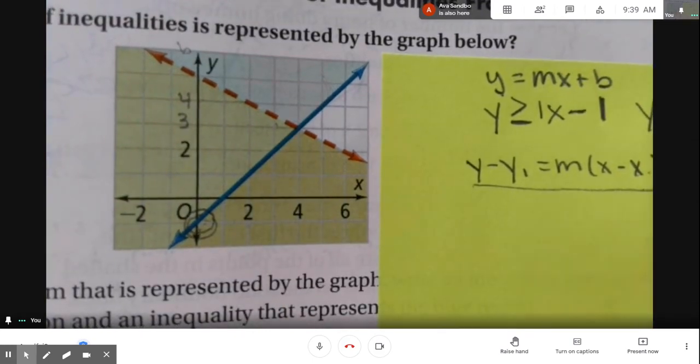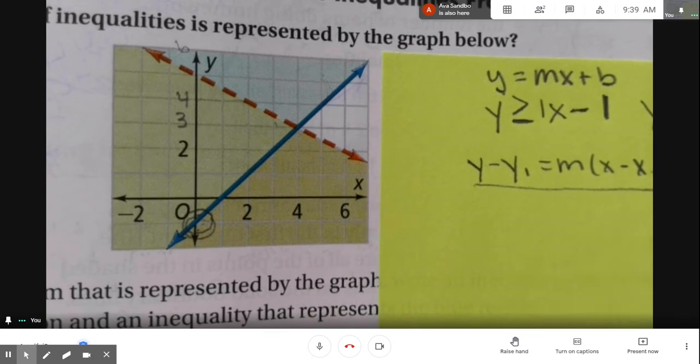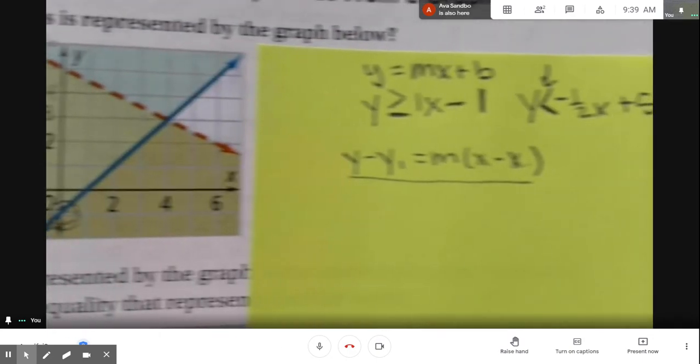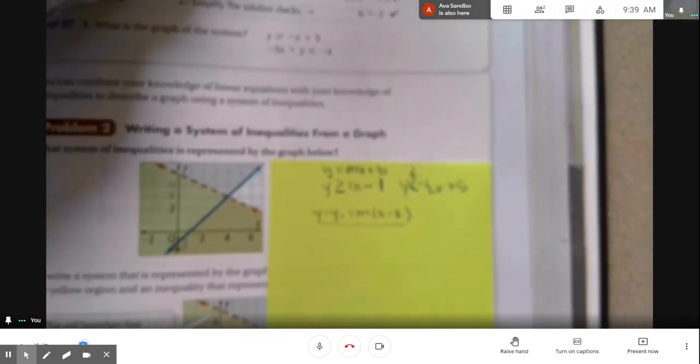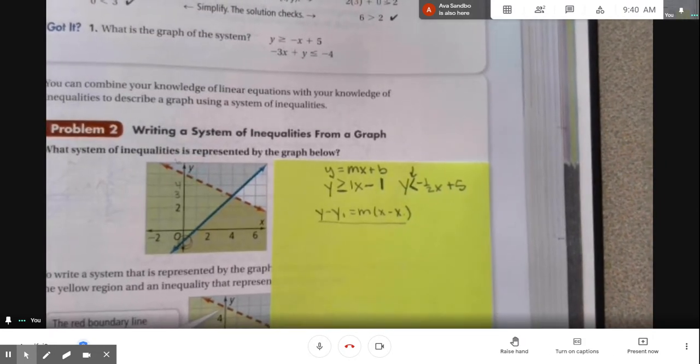And this is definitely not equals. Does it shade above or shade below? That's the symbol for below. Does that make sense, you guys? Yep. Okay. And we use point slope, remember, when we cannot see that y-intercept.